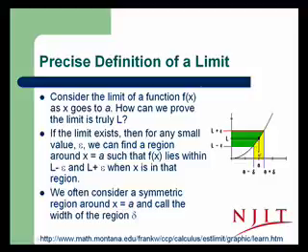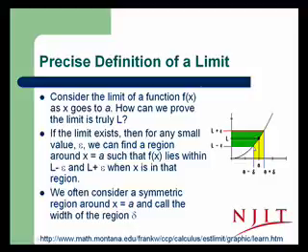That is, that we could find a region around A, the yellow region, such that all the y values for any x in A minus delta to A plus delta, as is on the figure, will lie between L minus epsilon and L plus epsilon.